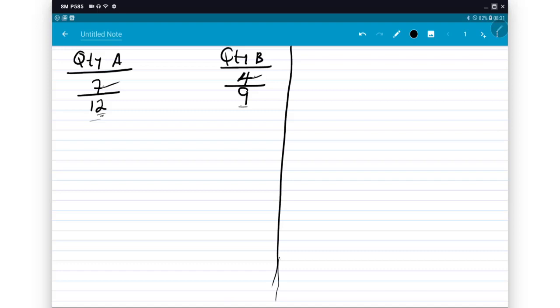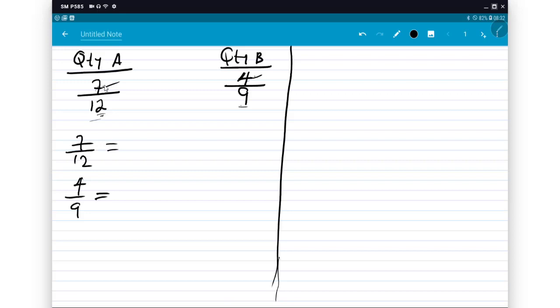Okay, so for instance, let me say that I want to make the numerators equal. I have 7 over 12 here, and this one is 4 over 9. Now, if I want to make the numerators equal, all I need to do is multiply this 7 by this 4, and multiply this 4 by this 7.